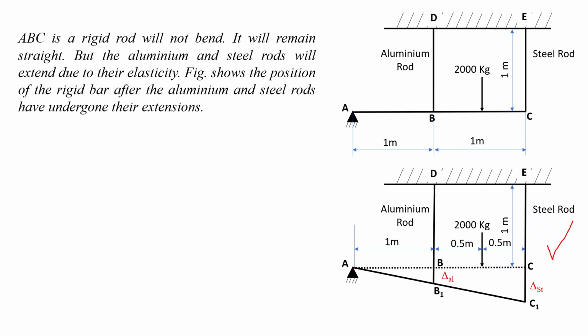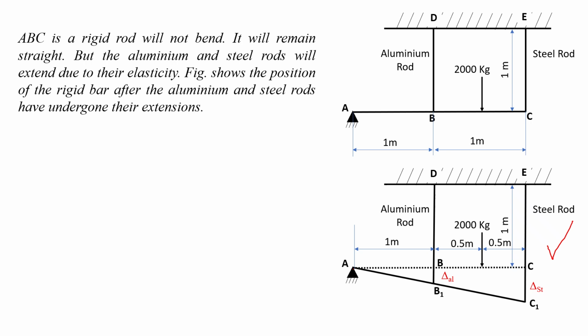Let us consider the initial position of the aluminium rod as BD, and on applying the load, due to its elasticity it will deform, that is the position goes from B to B1. Similarly the initial position of the steel rod is CE.